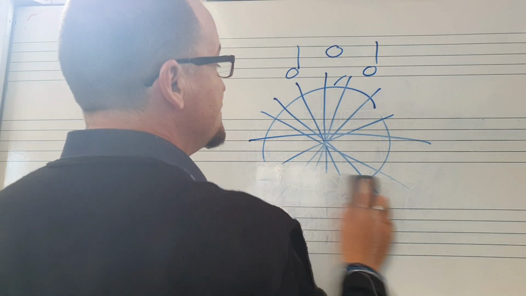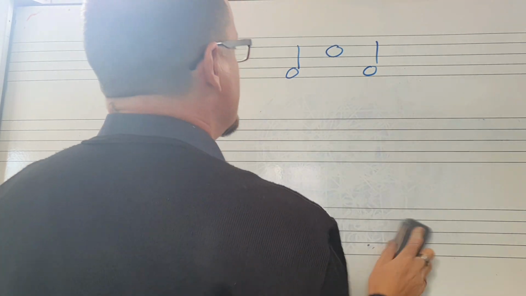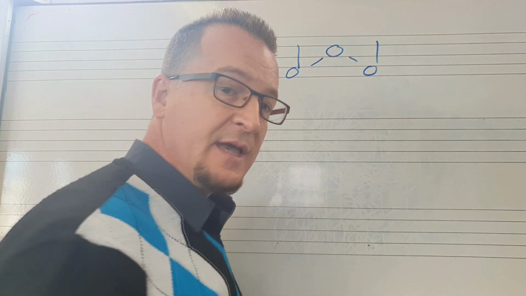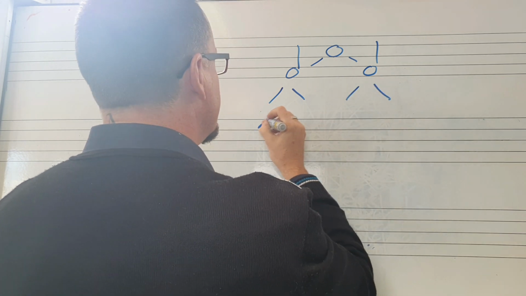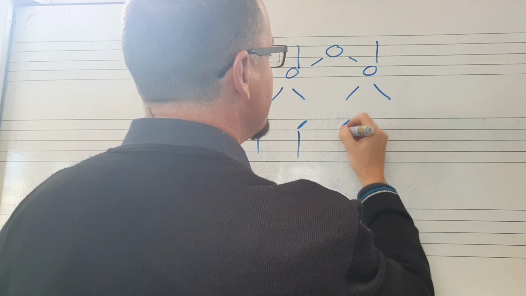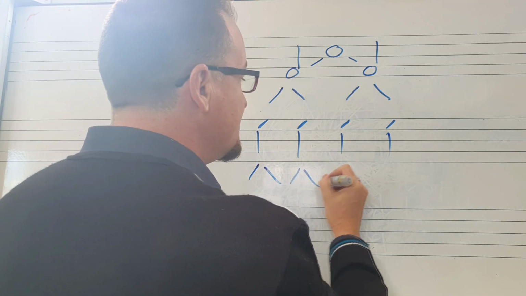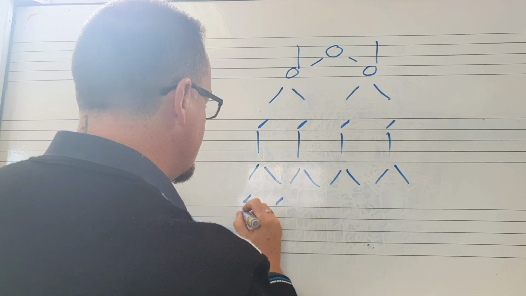So all you are doing is dividing this first note that you're learning about, which is the semibreve. You're dividing it in half and ending up with a half note, and then dividing the half note in half and ending up with what they call a quarter note, or a crotchet. You're dividing that note up into 2, and you're ending up with an 8th note.